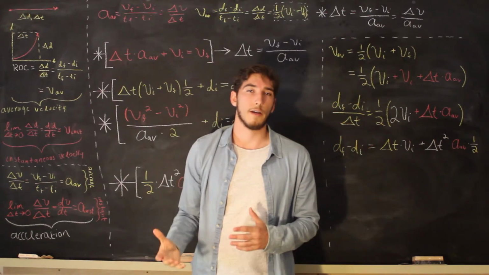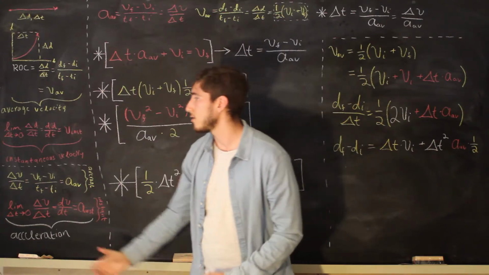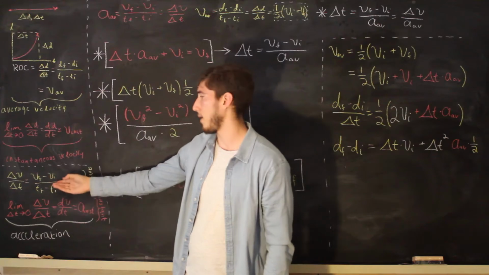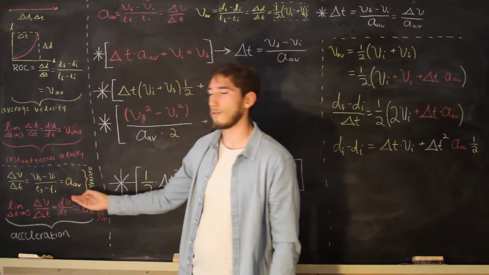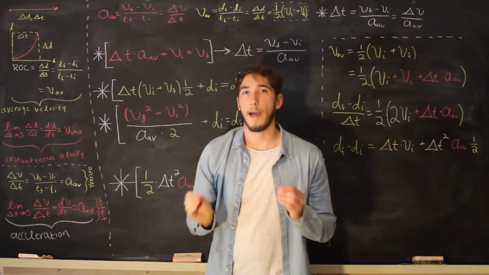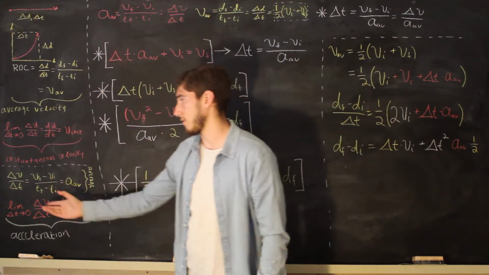Likewise, we could find the acceleration, which is a change in velocity over time. So, change in velocity over change in time, velocity final minus velocity initial over time final minus time initial, is equal to average acceleration. If we wanted to find the acceleration at any given point, or a point infinitely small, we'd have to take the limit.